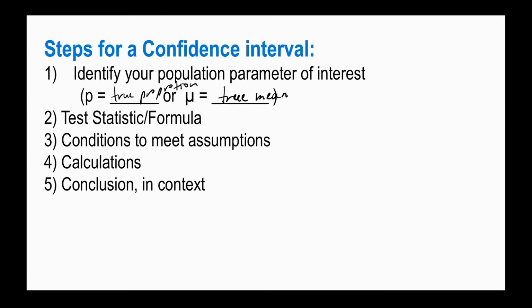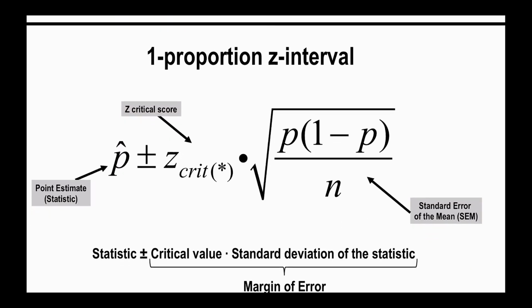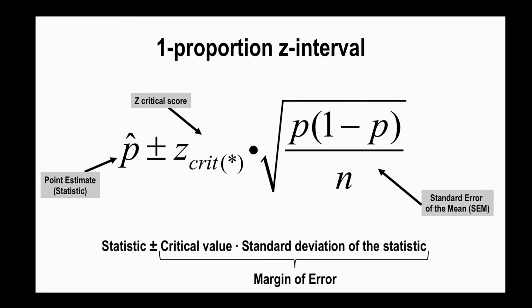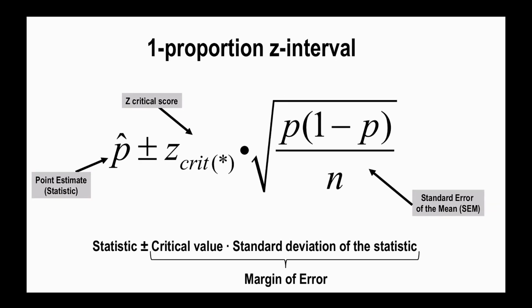2, test statistic. Test statistic is right here. It looks ugly and gnarly, but trust me, you know some of it, and the rest of it's pretty simple. I just put a lot of notes on there because sometimes they refer to some of the things.